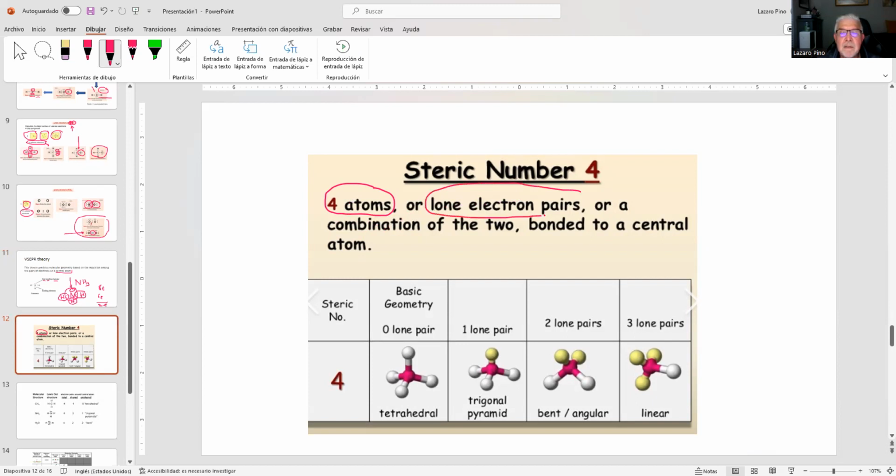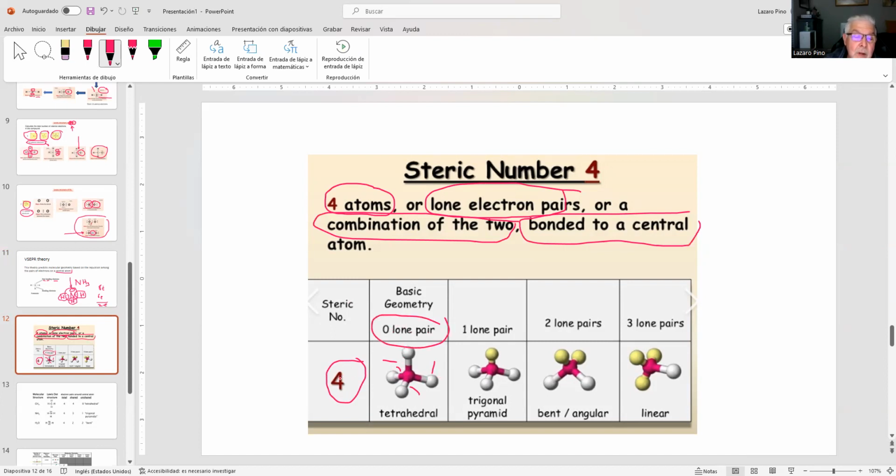Lone pairs, or a combination of two, with a bonding to a central atom. Look at this. Here we have 4 groups of electrons. Look, 1 group, 2, 3, 4 groups of electrons, and in this case, we don't have lone pairs.